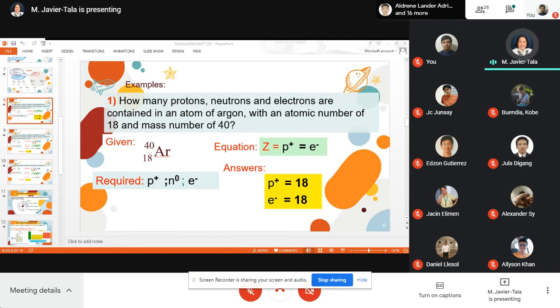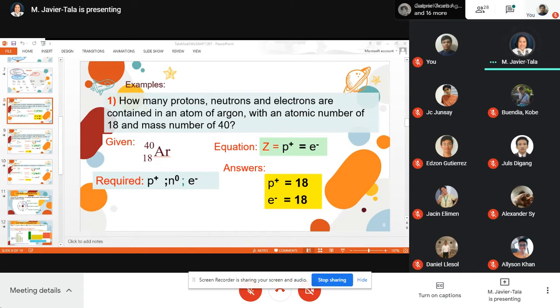The atomic number is equivalent to the number of protons and the number of electrons in atoms in the neutral state. So based on the notation, the number of protons is 18 and the number of electrons is also 18.